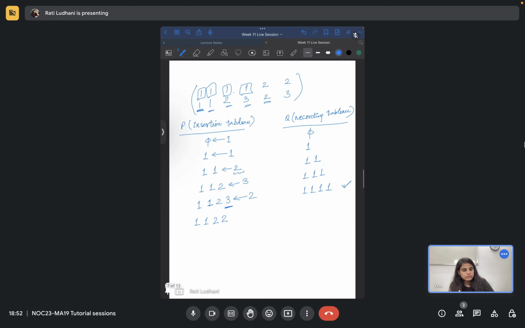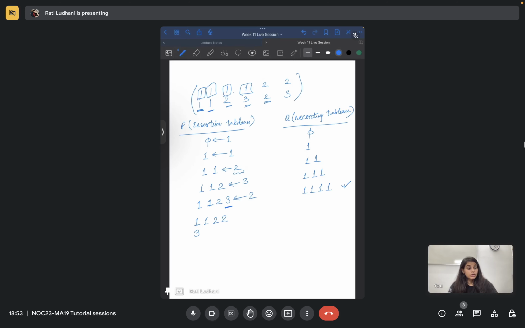When you insert 2, in the first row 3 has been replaced by 2. Now 3 has to be inserted, so we move to the next row, that is 3. So you'll get this when you insert 2 in this tableau. Is that clear?